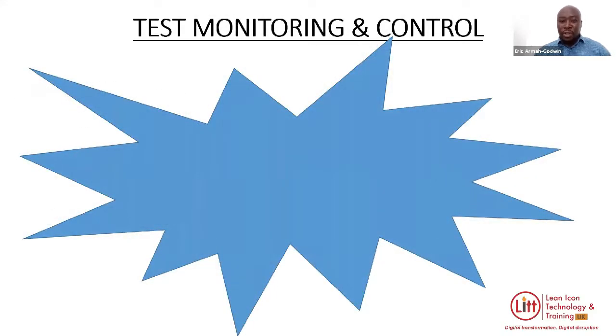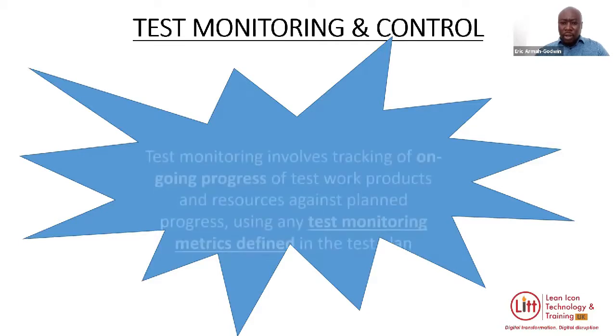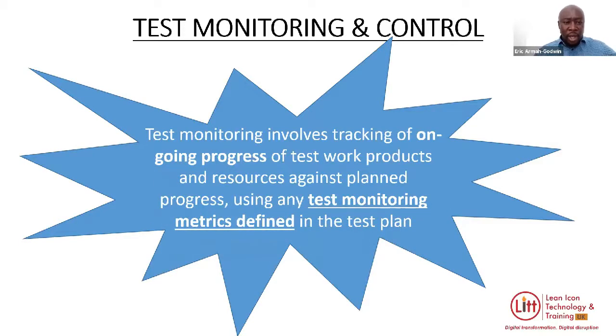I'm going to move on swiftly and quickly to test monitoring and control. Test monitoring involves tracking of ongoing progress of test work products and resources against planned progress using any test monitoring metrics defined in the test plan.